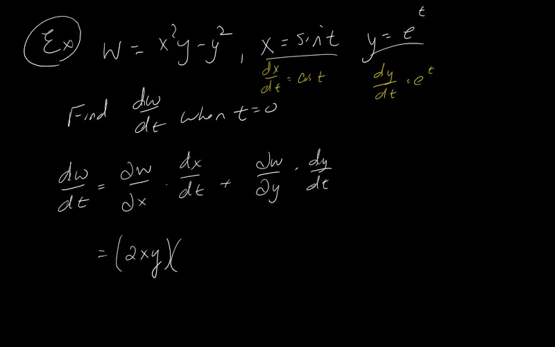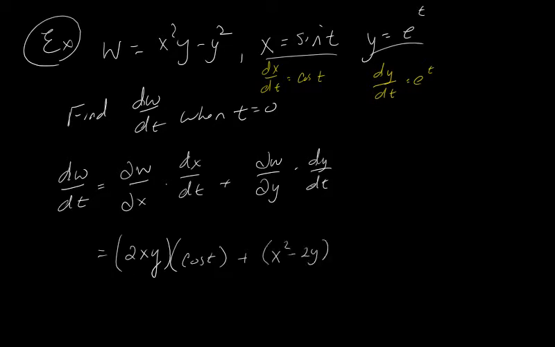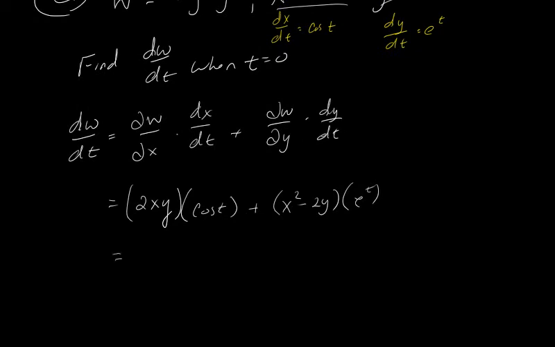Then the partial of w with respect to y is going to be x squared minus 2y times the derivative of y with respect to t, which is e to the t. So that's 2xy cosine of t plus x squared minus 2y times e to the t.